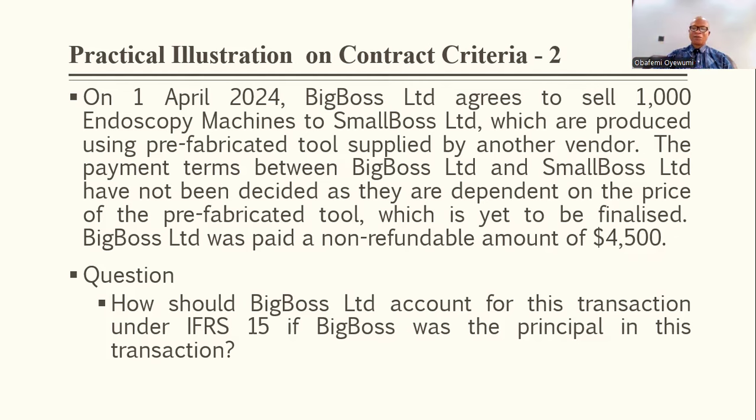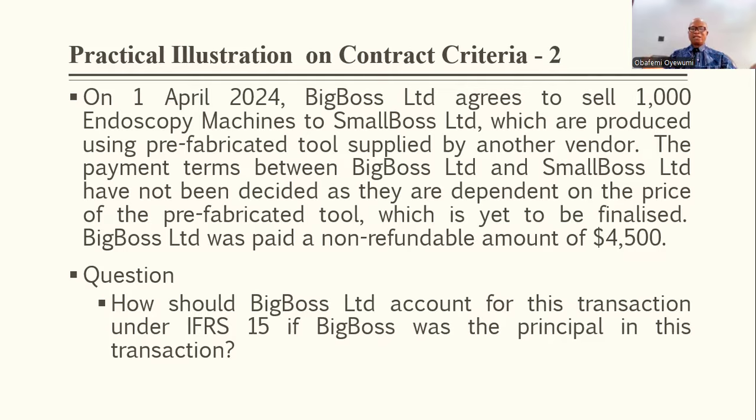But then, what is the view of IFRS 15 in this particular case? We have to take note of some basic factors. If you look at it here, the payment terms have not been identified. What are the payment terms here? I want you to begin to reason and look at it vis-a-vis what we discussed earlier on.